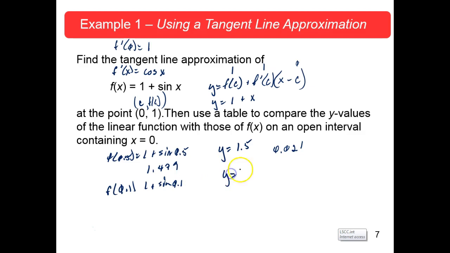If you do f of 0.1, 1 plus sine of 0.1, I can do this one: y is equal to 1.1. What's 1 plus sine of 0.1?